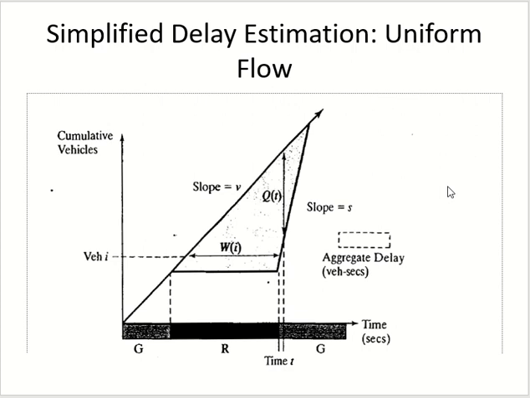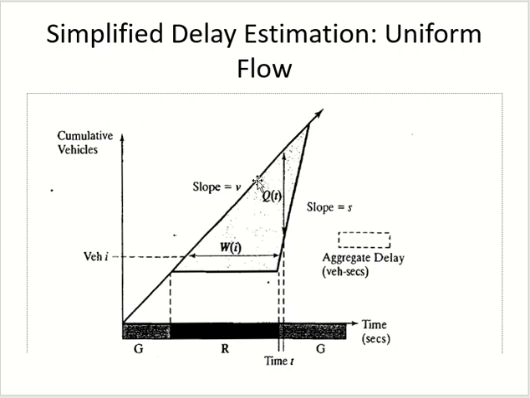Then the time becomes red, and then you see now it is dividing into 2 lines. One is still going up, the other one goes flat. The one which is still going up is the arrival line. This is showing the number of vehicles arrived. So even if the signal becomes red, the arrival will not stop. People will keep on coming.